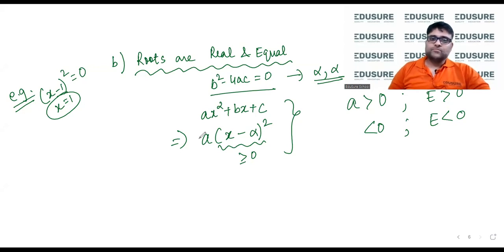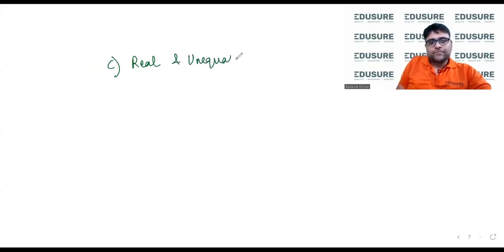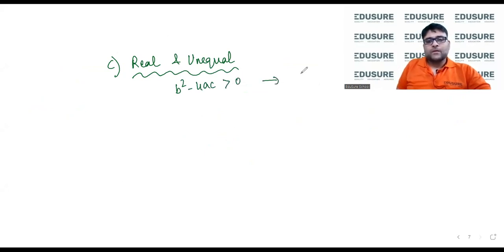Clear? Okay with everyone? So roots being real and equal, this is what we have. The different case of roots being real and unequal. Roots being real and unequal. Let the two roots be alpha comma beta.